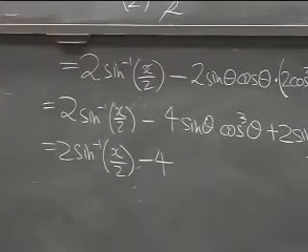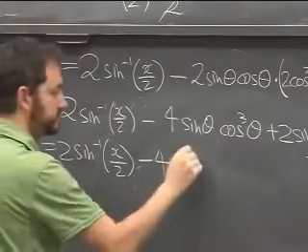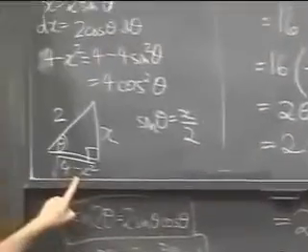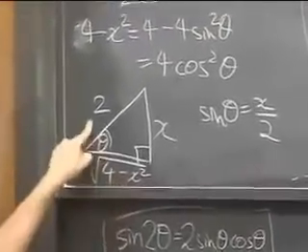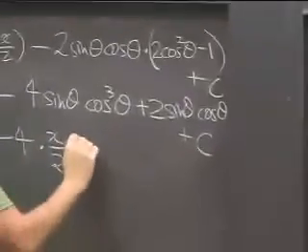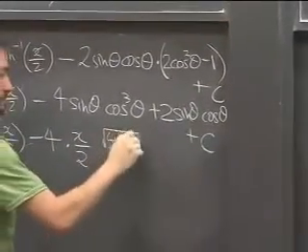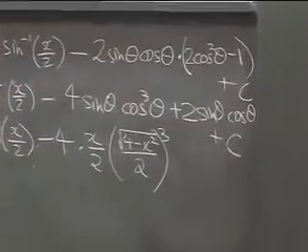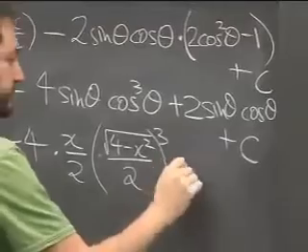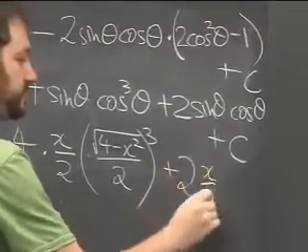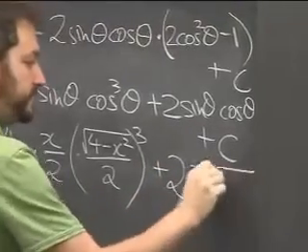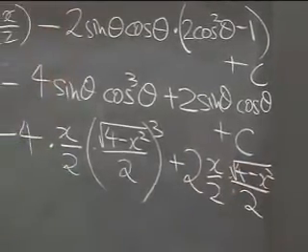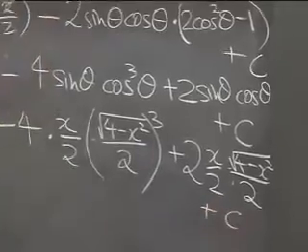Sine theta, well, that's just x over 2. But cosine theta is, in this triangle, root 4 minus x squared over 2. But we have to cube that. And then sine theta is x over 2, cosine theta, again, is root 4 minus x squared over 2, plus c.